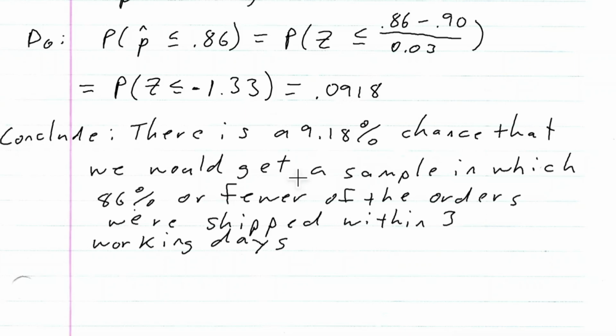This is telling us that for shipments with 86 out of 100 or fewer, there's a 9.18% chance that that would be the case.